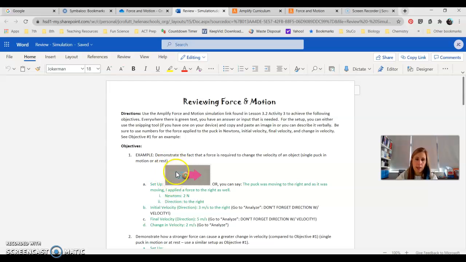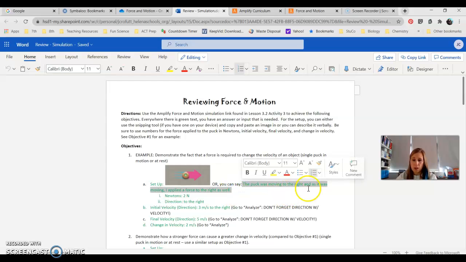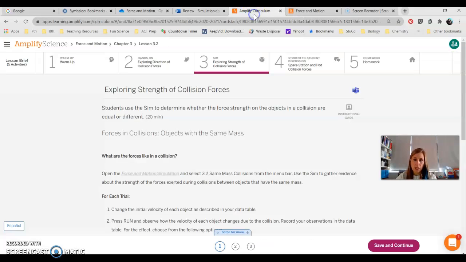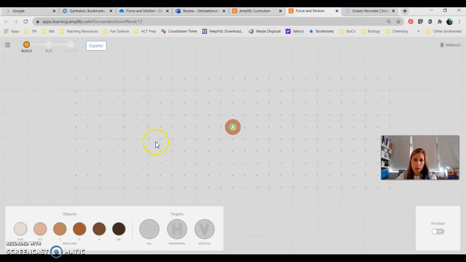In this case, I had my puck already moving, so it should show its velocity prior to me exerting a force. If you think it's easier, you can just verbally describe how you set it up. The puck was moving to the right, and as it was moving, I applied another force to the right.